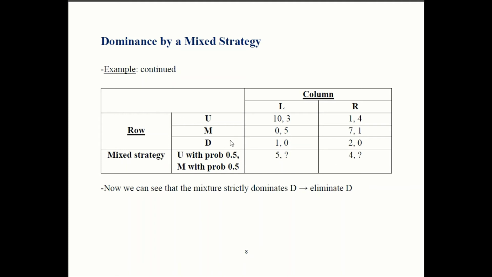We were suspicious of D because D was never a best response, so that made us think we might be able to get rid of D. So there might be some mixed strategy that could eliminate D. To figure out if a strategy dominates D, we also have to figure out the row player's payoffs.